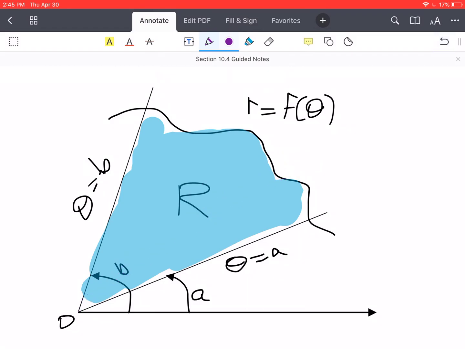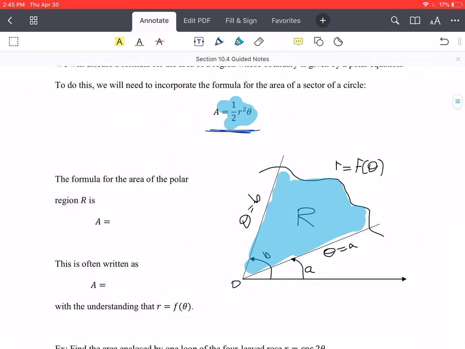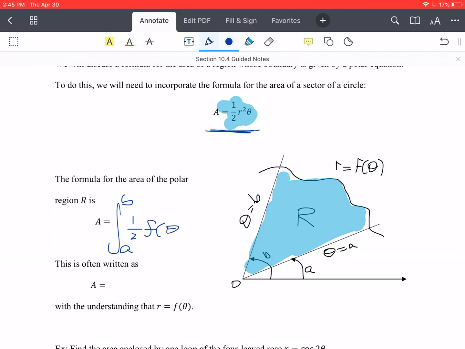But in this case, we're looking at this polar curve. The formula for the area of this polar region is going to be the integral from A to B of 1/2 f of theta squared d theta.